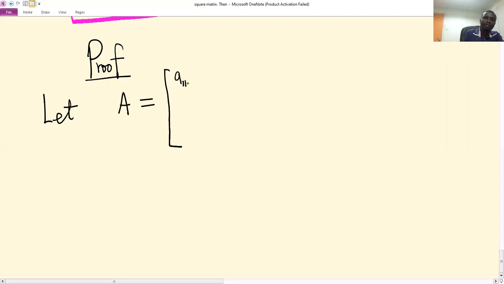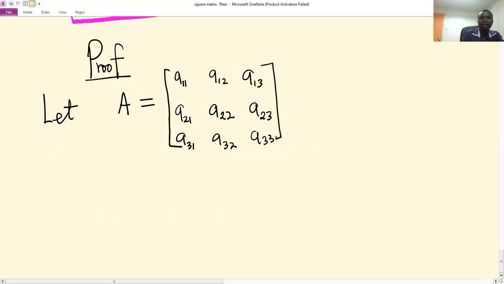So we have A11, A12, A13, A21, A22, A23, A31, A32, A33, a square matrix.